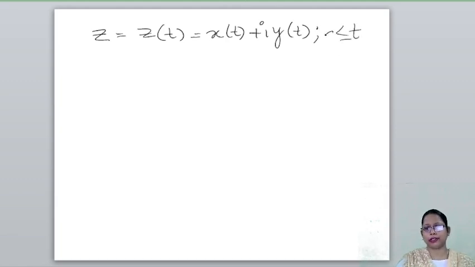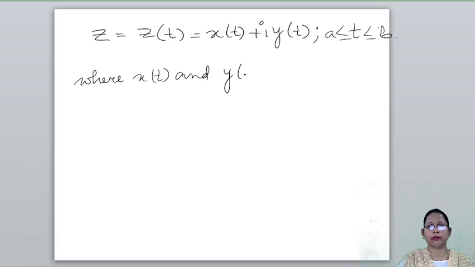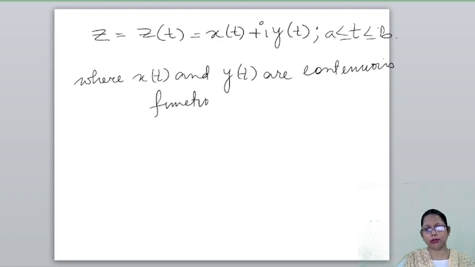We have already discussed this equation of a curve in our last lectures, where x(t) and y(t) are continuous functions of the real variable t.